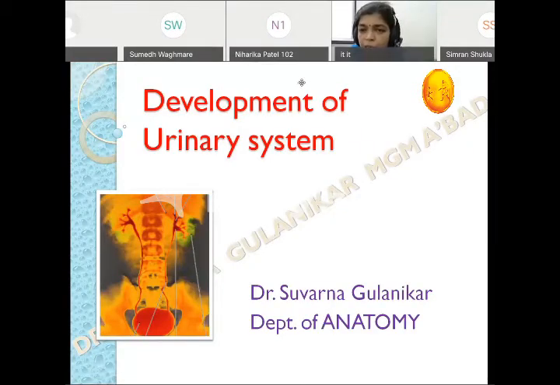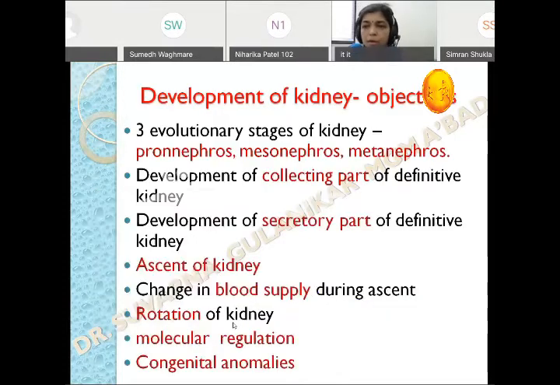We'll see the continuation of last lecture, that is development of urinary system. Our objectives of this topic are the three evolutionary stages of kidney: pronephros, mesonephros, and metanephros, which I have seen last time, right?